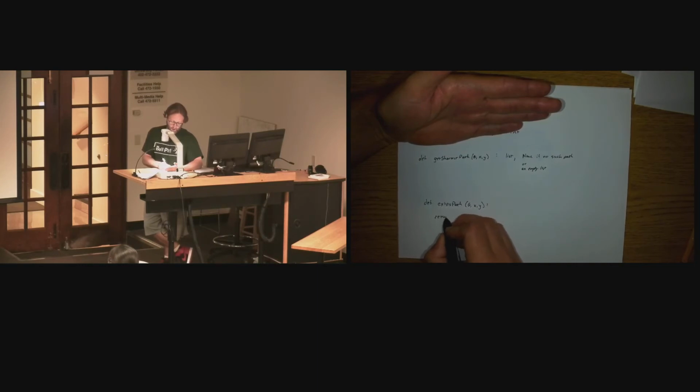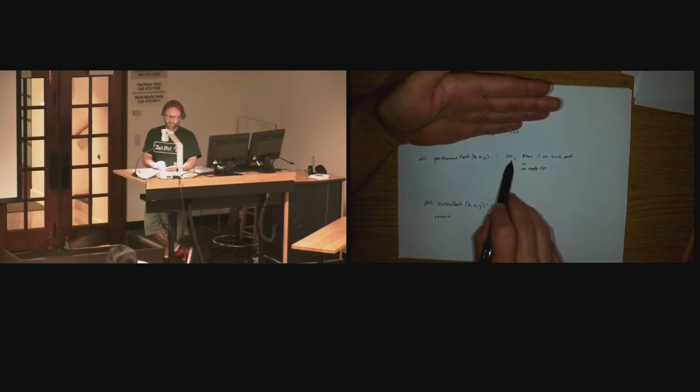I need to return yes or no. Does there exist a path? Well, if I ask a different oracle, I don't know. Yes, here it is. I can't give that to you. Then what do I return? Get shortest path.